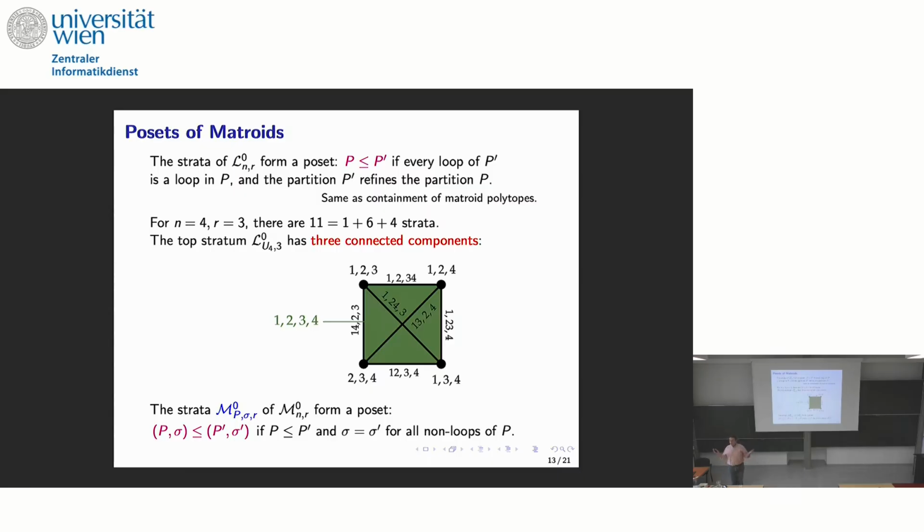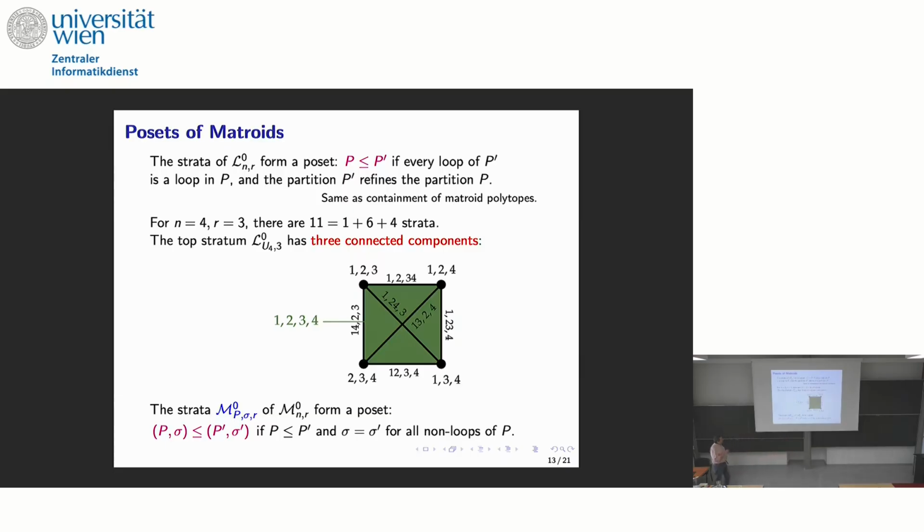Now, there are many different definitions of matroids. One of them is by matroid polytopes, and this is equivalent to containment of matroid polytopes. So if you know about the second hypersimplex and the matroid polytopes it contains, then this is inclusion of matroid polytopes.